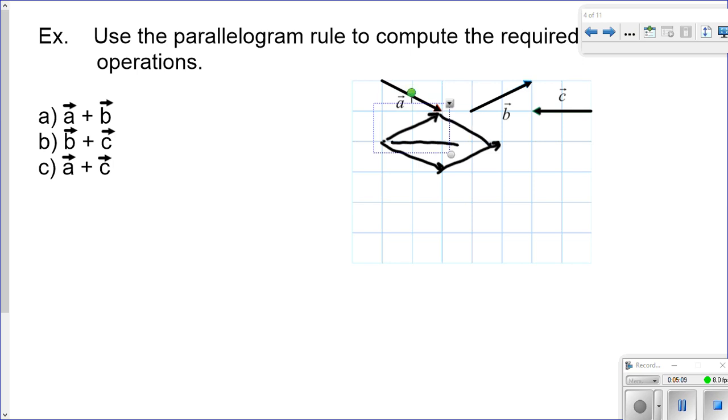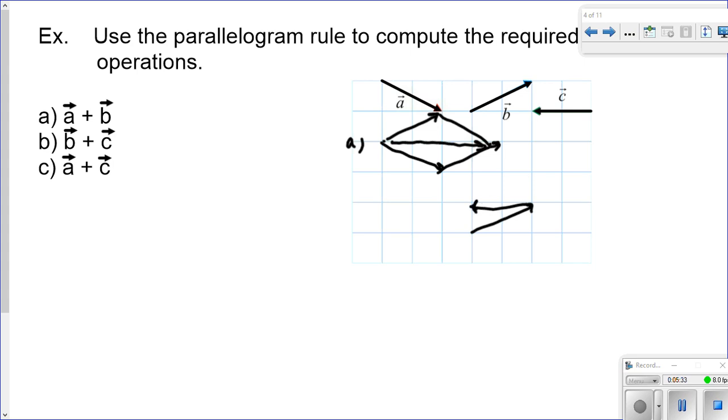And there's my parallelogram rule. I just close off a parallelogram. Now you can decide however you want to add these together. That would be A, and the diagram's not very good. Let's take a look at B and C. So this is vector B, and then vector C.